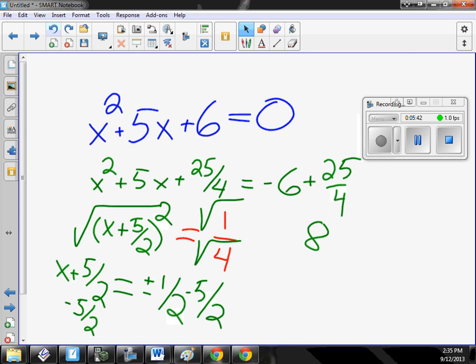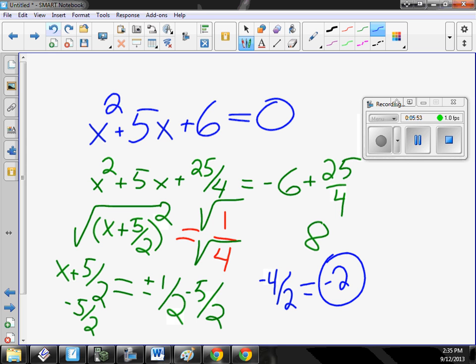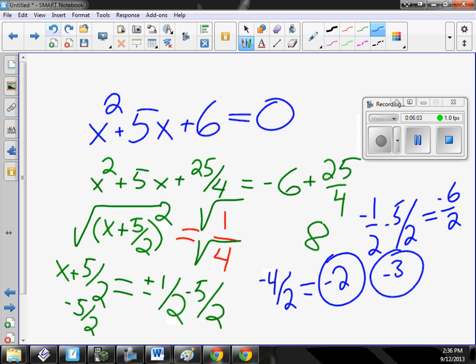What is 1/2 minus 5/2? -4/2, which is equal to -2. That's one answer. What is -1/2 minus 5/2? -6/2, which equals -3. You always simplify fractions. Always.